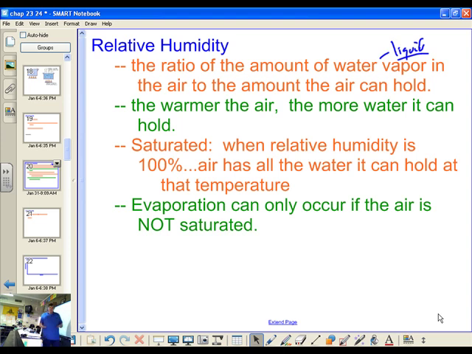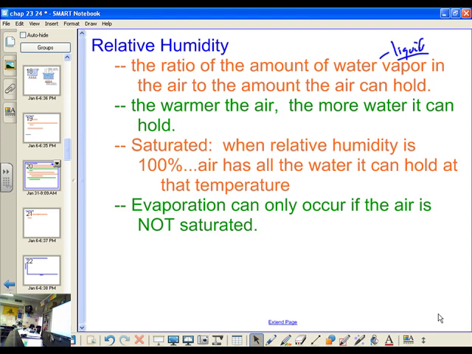Now when you're saturated, that means I'm at 100% humidity. The air has all it's going to hold at a particular temperature. That's all it's going to have, all it can hold at that temperature.